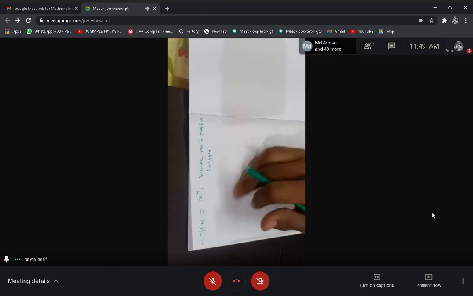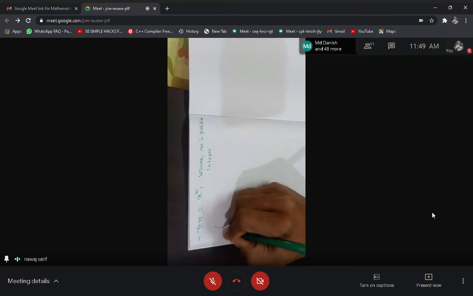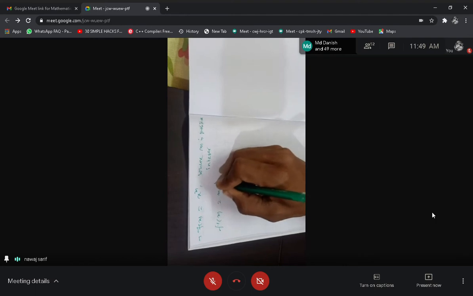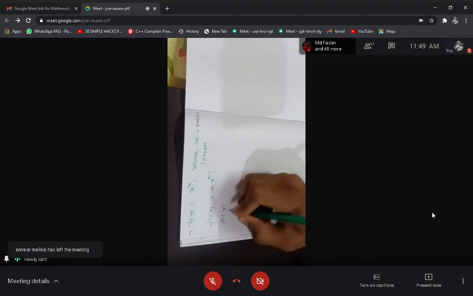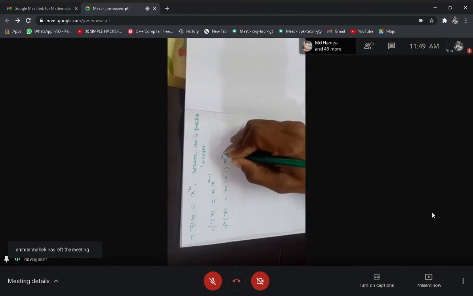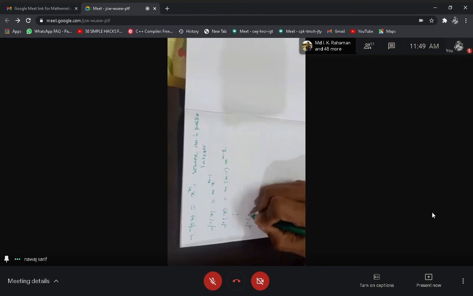The method will be the same as before. What will the nth order derivative be? f dash x is m into x to the power m minus 1, and f double dash x is m into m minus 1 into x to the power m minus 2. And what is the nth derivative?